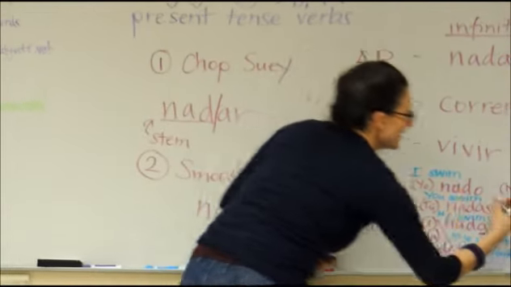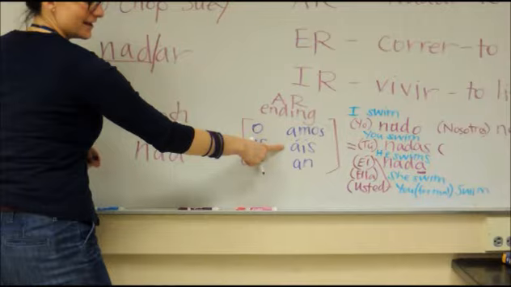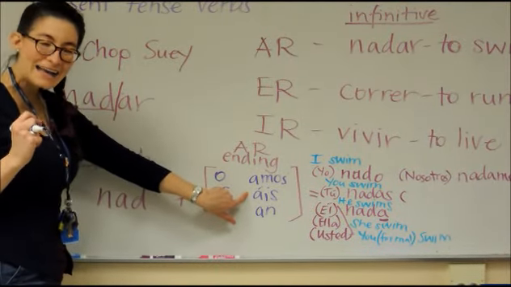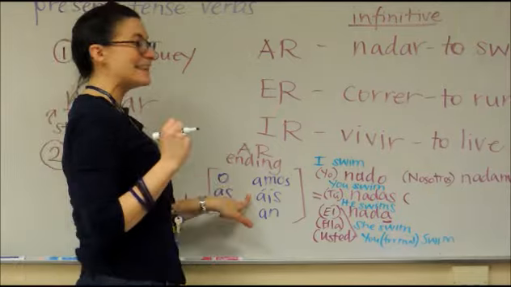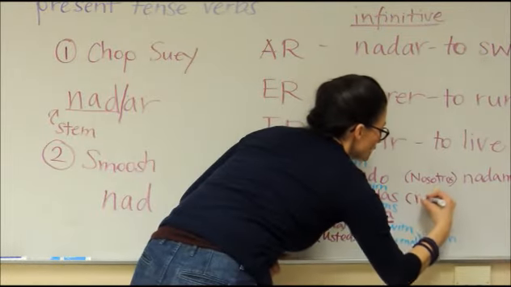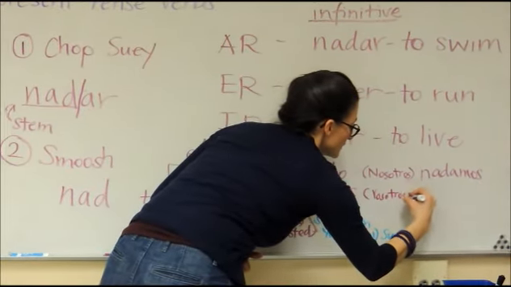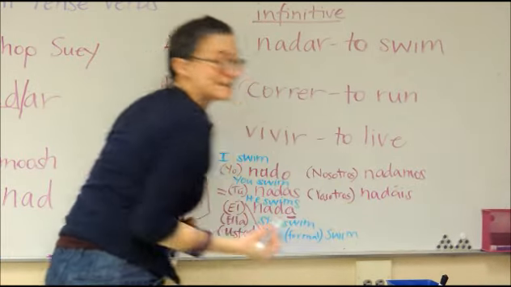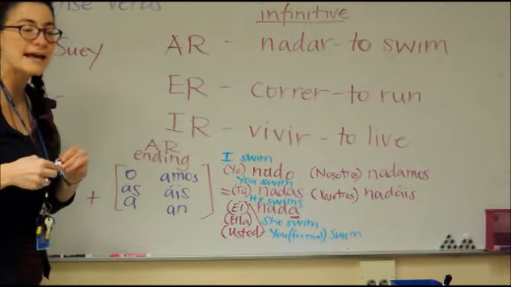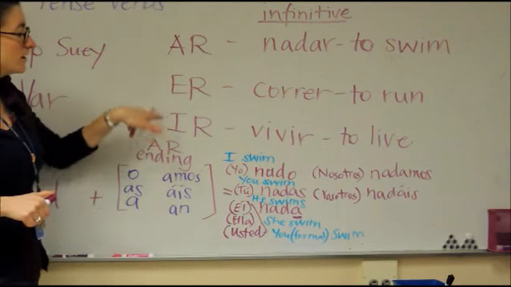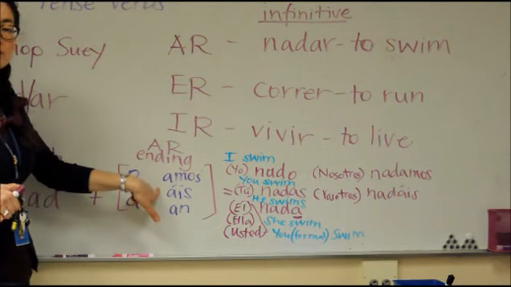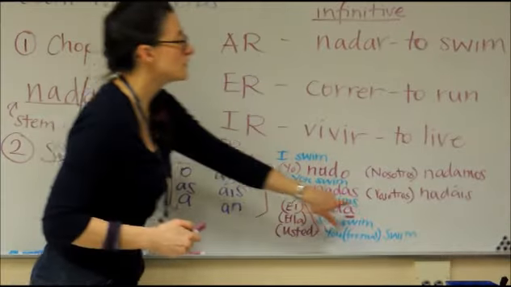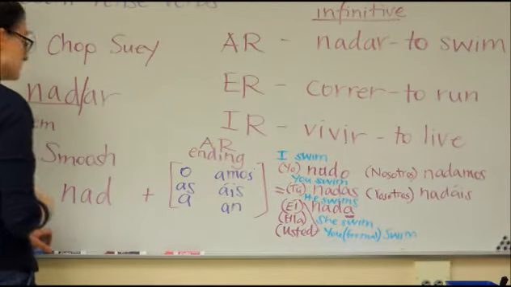Vosotros nadáis. It's kind of a crazy diphthong, so it's an áis. And this A carries an accent. Like a lot of present tense endings in the ER and IR forms, the vosotros carries an accent mark over the beginning vowel. Vosotros nadáis, you all swim.